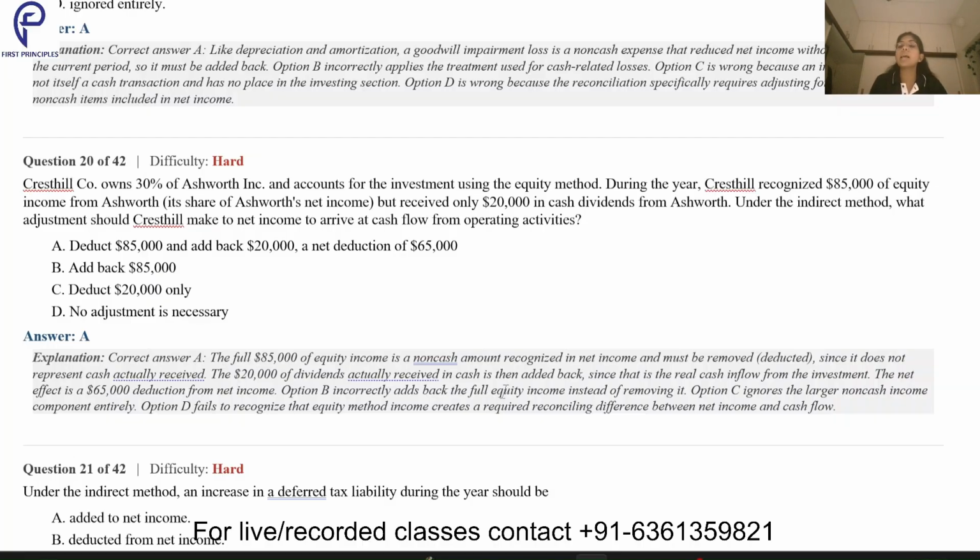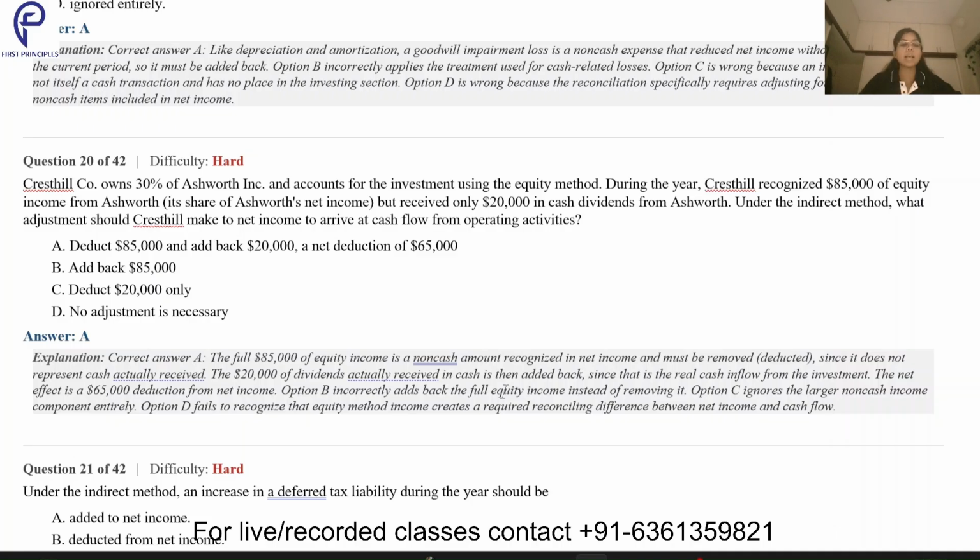Crest Hill has already recognized 85,000 in its books of accounts, but did it actually receive 85,000 in cash? No, it only received 20,000 cash. So 65,000 is the extra amount they have recognized. That means I should deduct 65,000 from my net income in order to arrive at the figure of cash flow from operating activity.